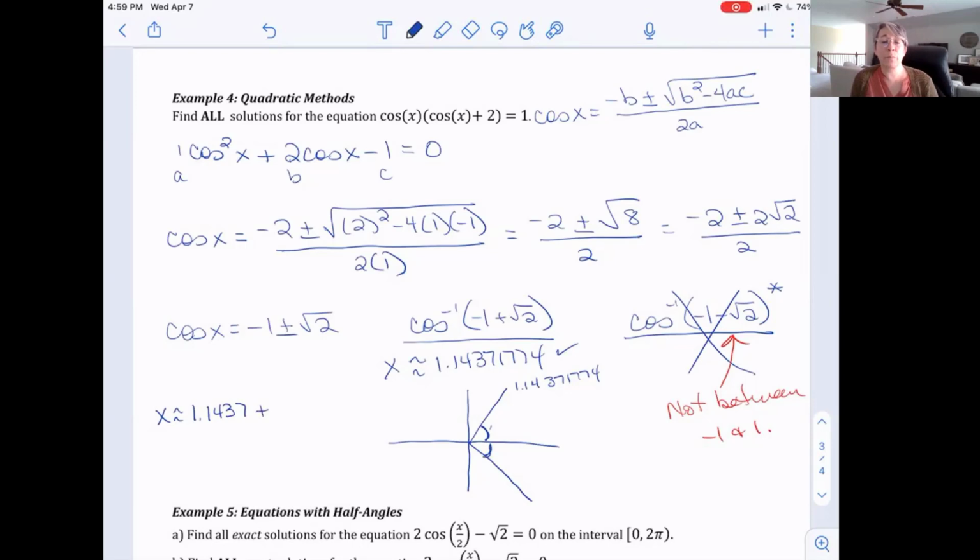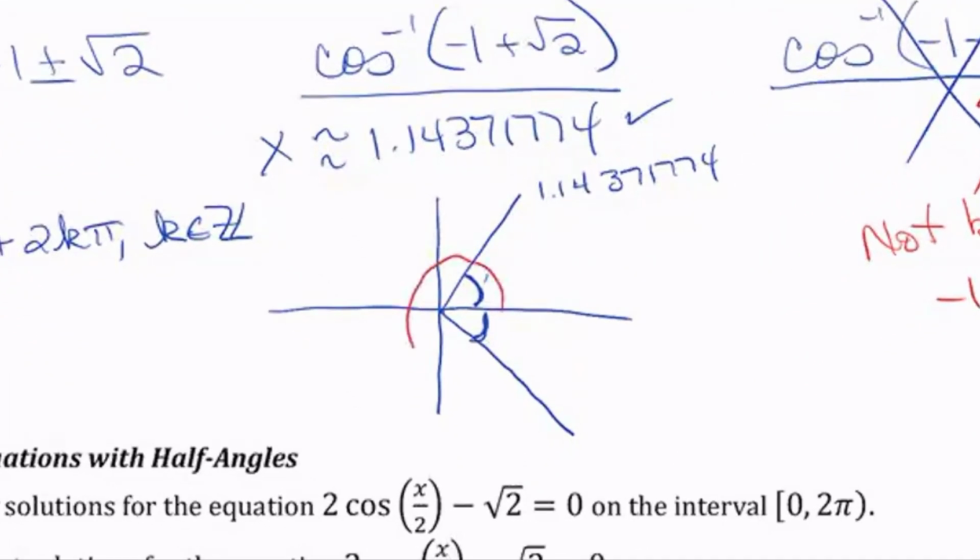And cosine has a period of 2 pi. So 2k pi, and remember that symbol from before, we can use that, where k is an integer. But then we also have to find that possible solution in the 4th quadrant. Probably easiest to take the 2 pi and then subtract 1.143717774.